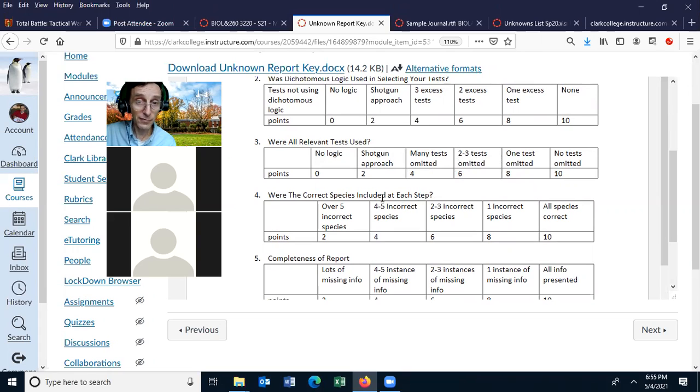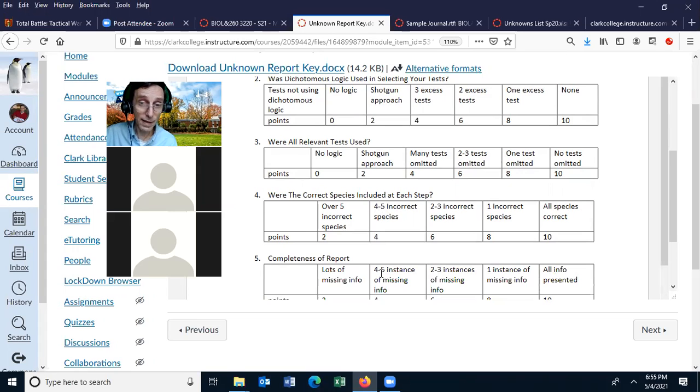Were the correct species identified at each step? Like, for example, you'll be given the gram stain very early. So you should someplace state that my unknown species, at the very least, is gram positive or gram negative.